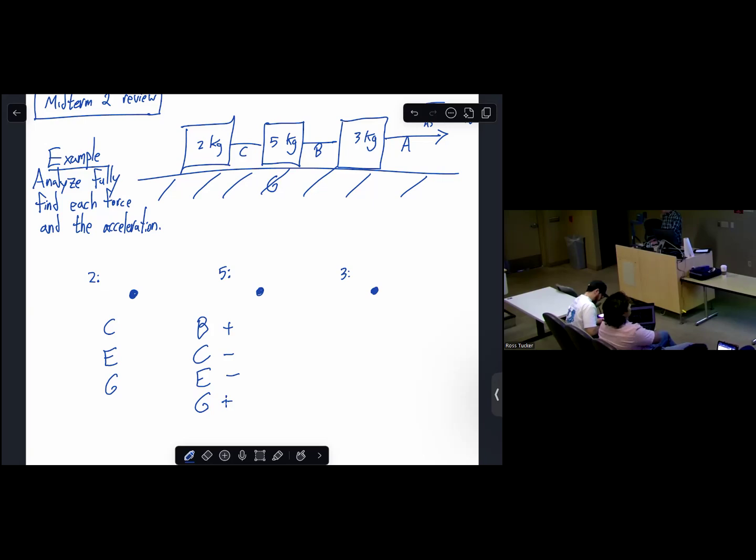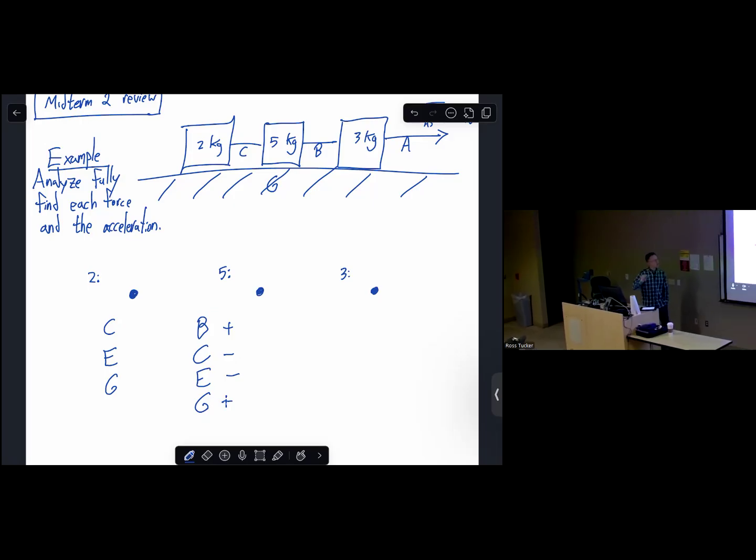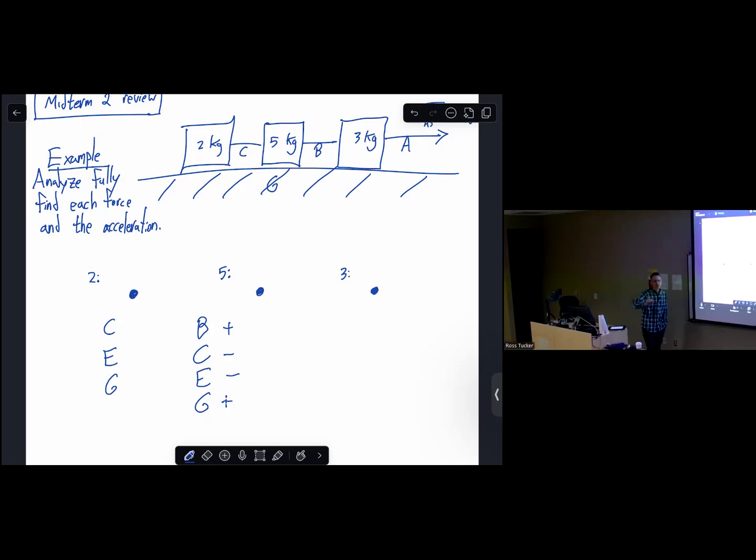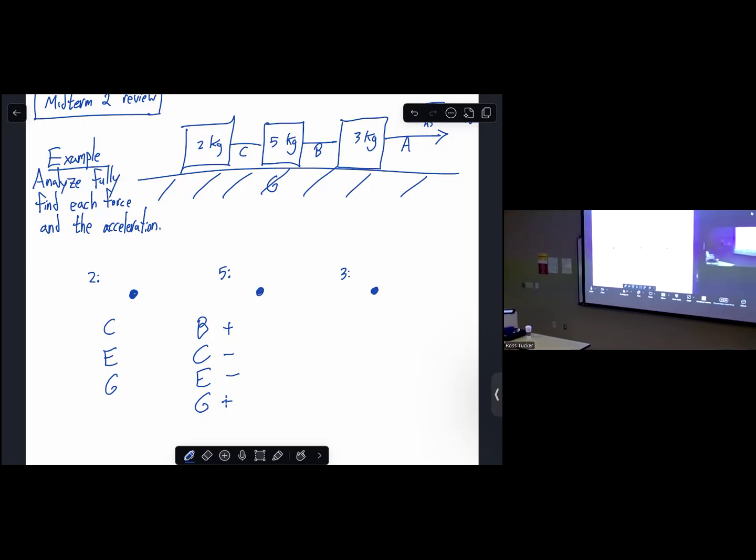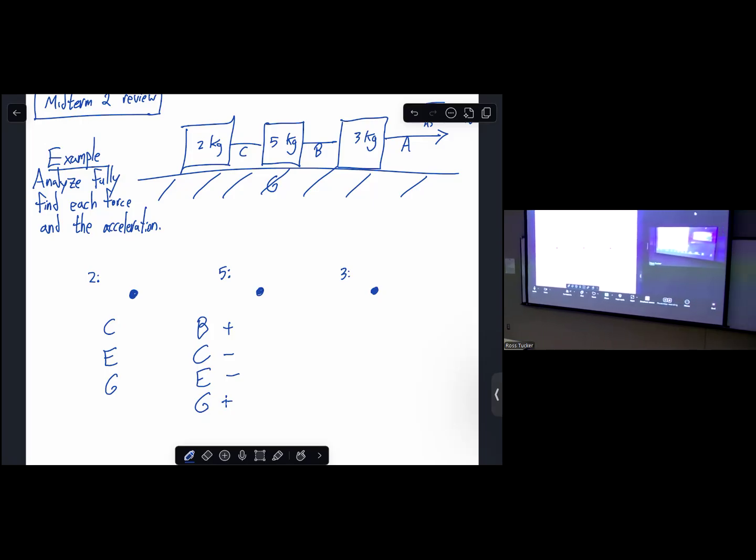Okay, time's up. Better. The only goof here is a fair number of people said that C points left. If the rope is on the right side of the box, to say that the force is left is saying that the rope, which is leading away from the box, is pushing the box backwards.